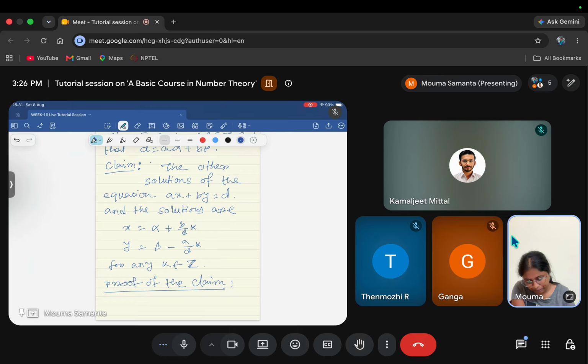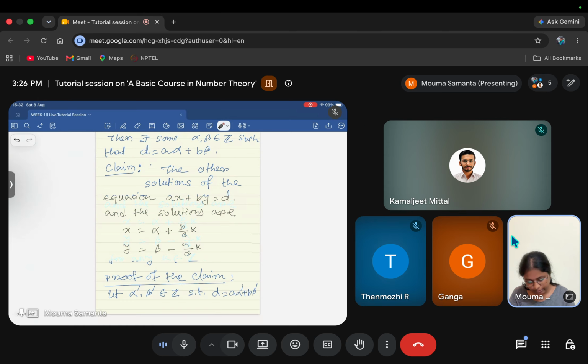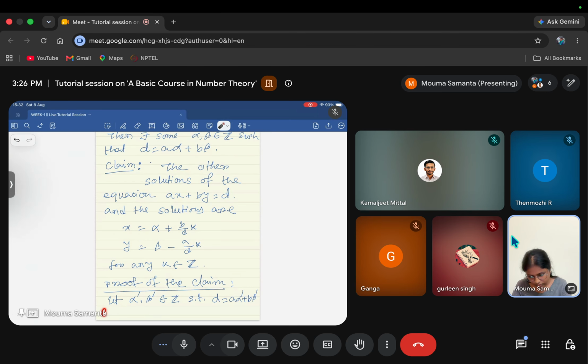So let alpha prime, beta prime belong to Z such that d equals a alpha prime plus b beta prime. Already we have the expression for d like this, a alpha plus b beta, and alpha prime, beta prime are some other solution than this alpha and beta.